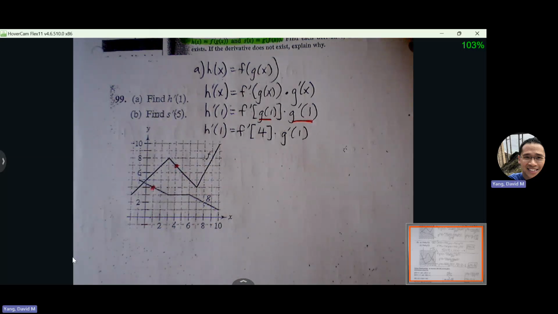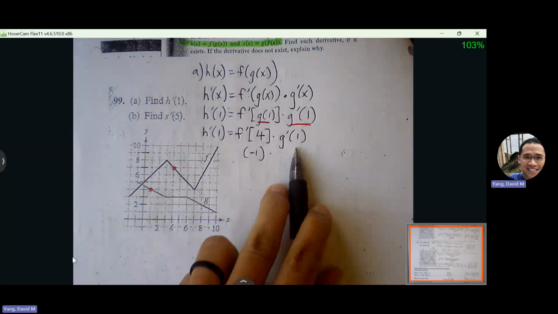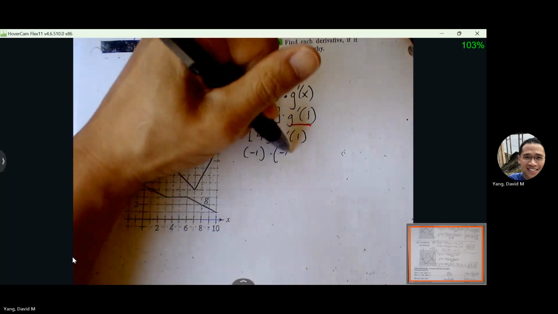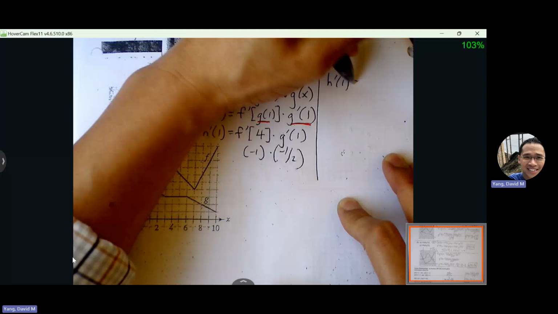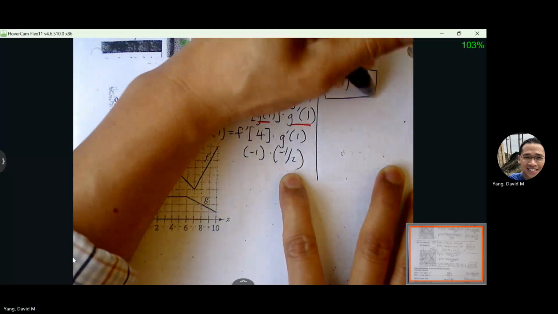Okay, so replace f prime of 4 with -1. G prime of 1? -1/2. And that's it. H prime of 1 is just -1 times -1/2. We just get positive 1/2.